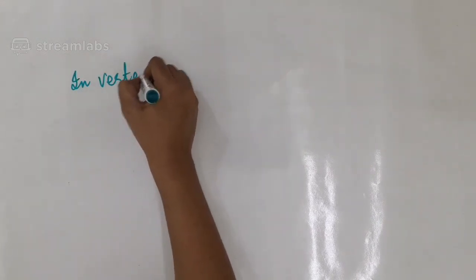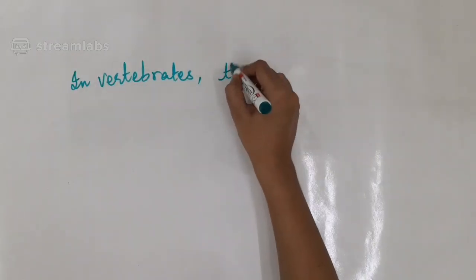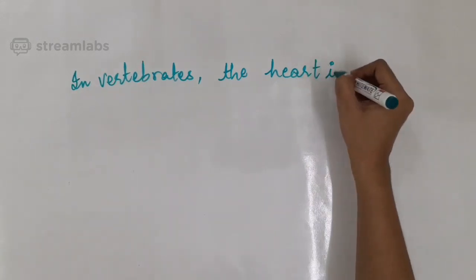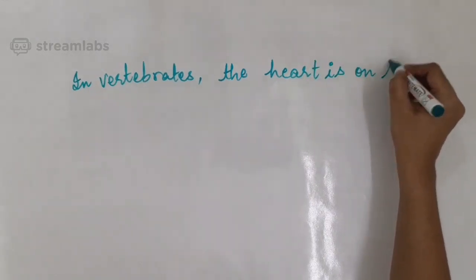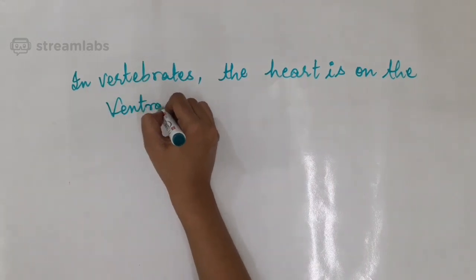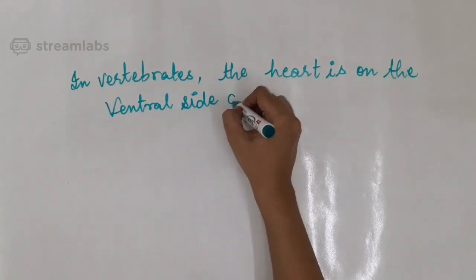Invertebrates, the heart is on the ventral side of the body.